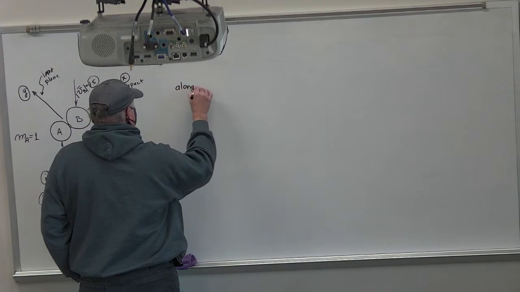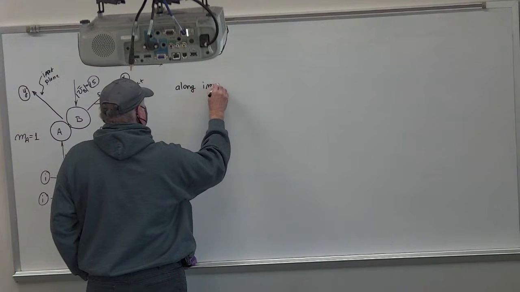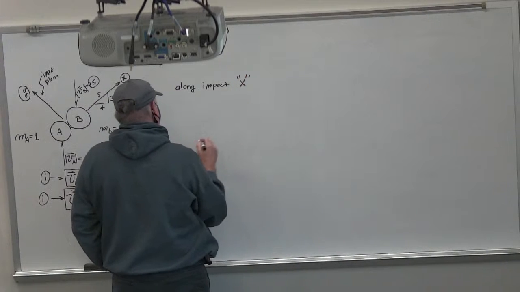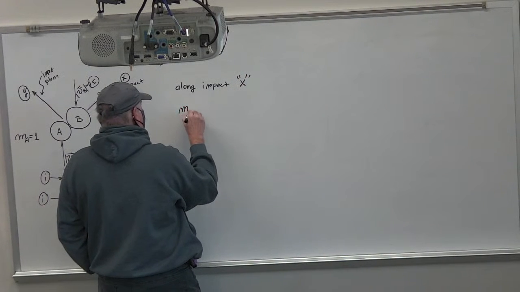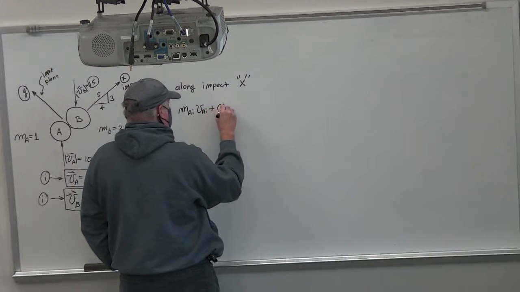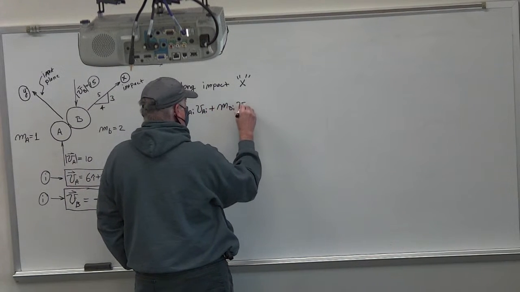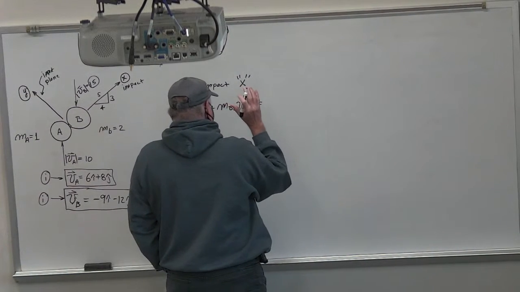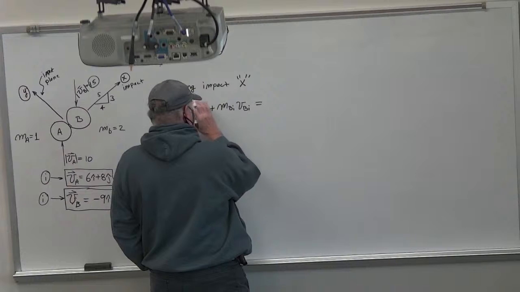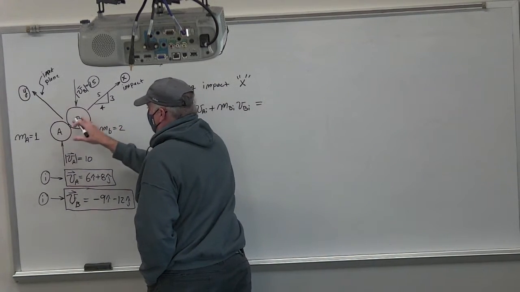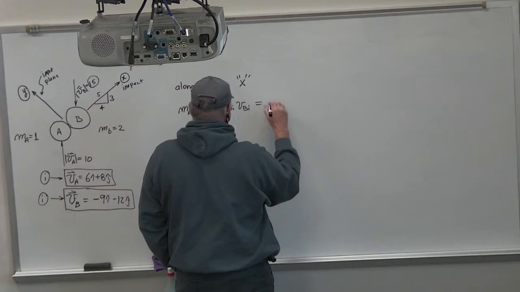First, let's work along the impact, in this case the x-coordinate. MA initial VA initial plus MB initial VB initial equals... Now, from the initial to the final state, there was no force external to A and B put on this.